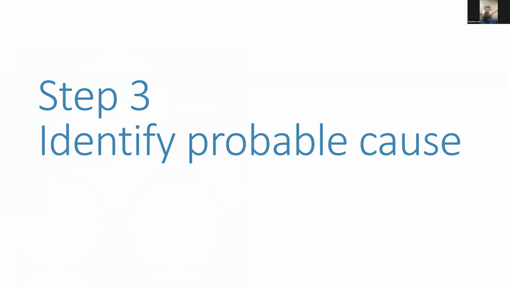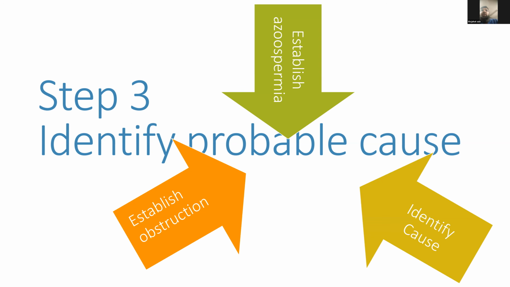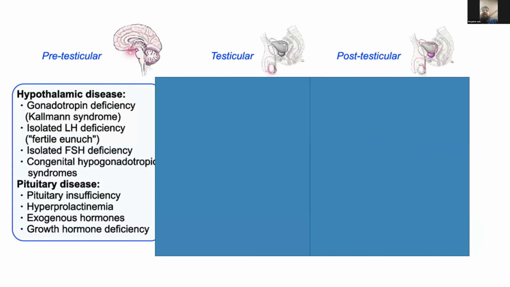Okay. So once you have established azoospermia and you have considered whether you have an obstructive or non-obstructive cause, then do give some consideration to a potential identifiable cause. For a pre-testicular cause, it is usually quite simple, and the way to work that up is to do a prolactin and an MRI of the pituitary gland.